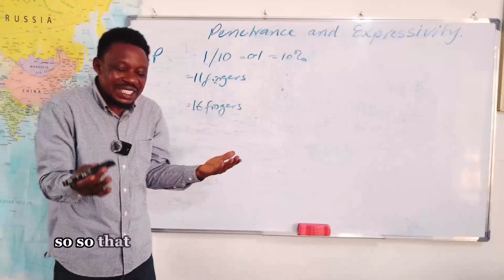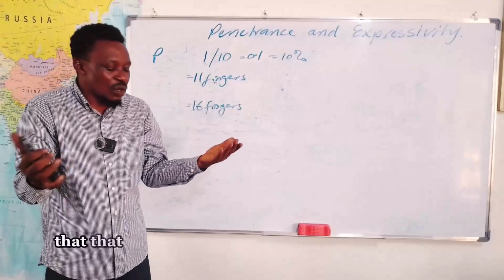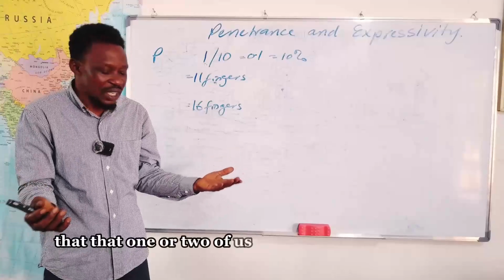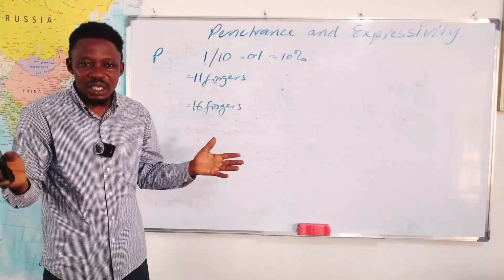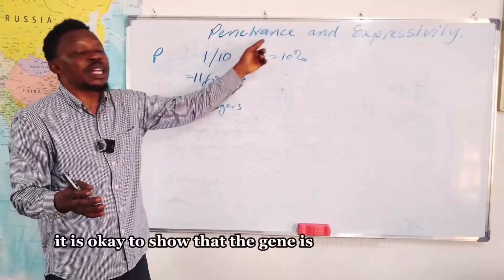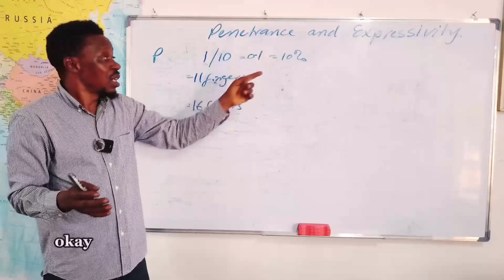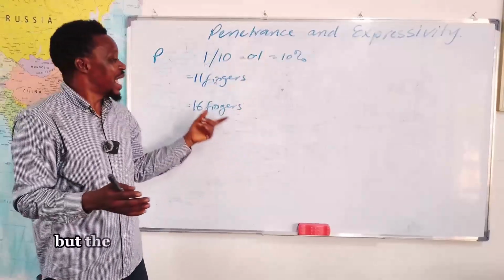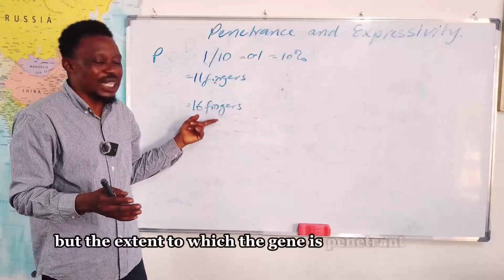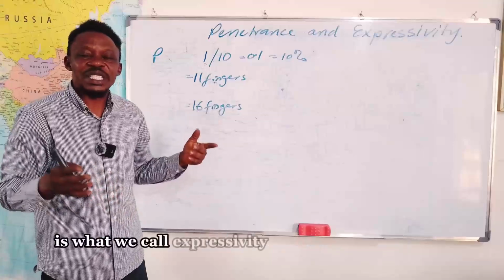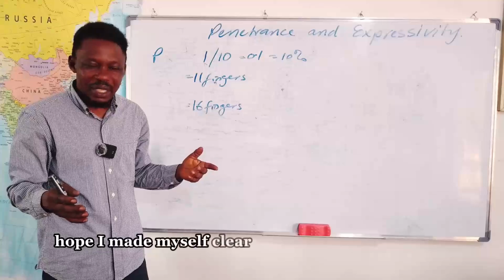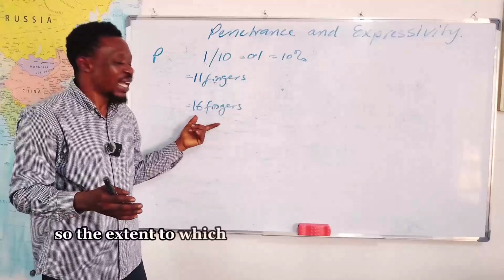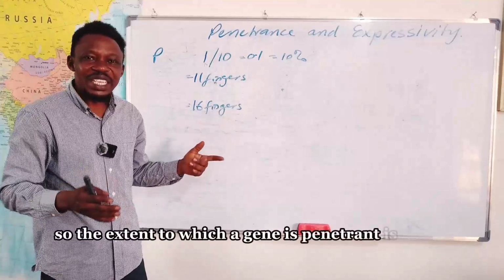So that 1 or 2 of us has just an extra finger is enough to show that the gene is penetrant. The gene is penetrant, but the extent to which the gene is penetrant is what we call expressivity. I hope I made myself clear. So the extent to which a gene is penetrant is expressivity.